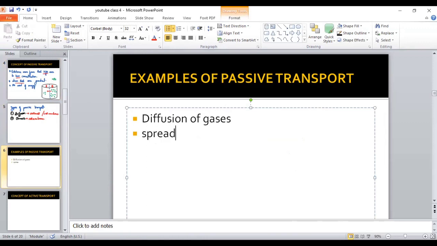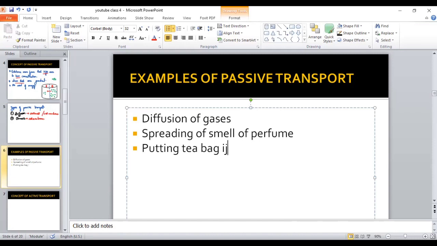Spreading of perfume in the room is an example here. Also, when you put a tea bag in hot water, the extract of the tea will come out. This is also an example.